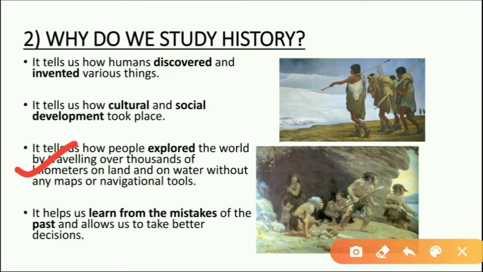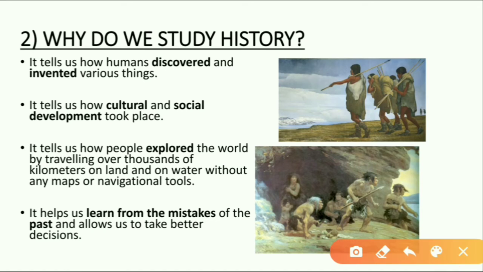So they just kept on traveling around different places to understand the world, that too without any maps or navigational tools. And they used to travel by means of land and water. Okay, they used land or waterways.